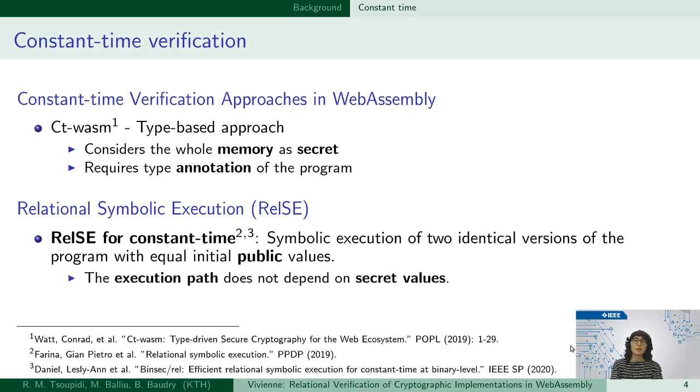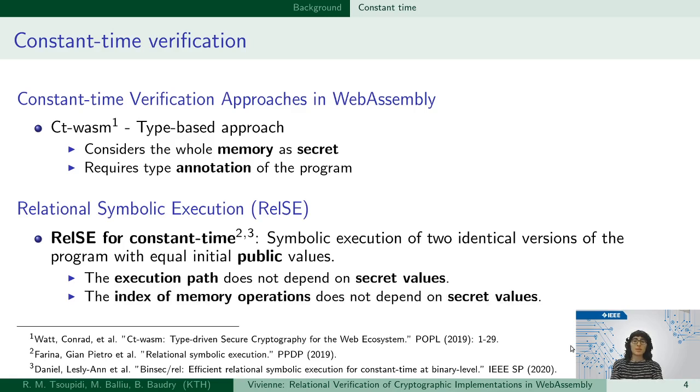That means that if the control flow differs between these two versions, then this will depend on secret values, which would reveal secret information via timing side channels. Also, the index of memory operations should not depend on secret values. Compared to type-based approaches, relational symbolic execution has improved accuracy but has scalability issues.